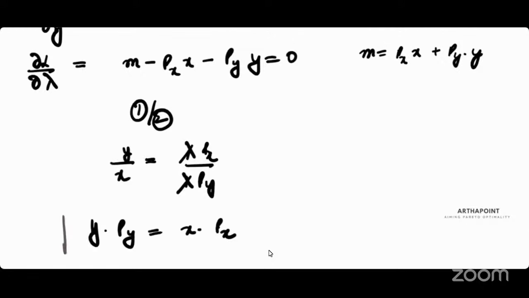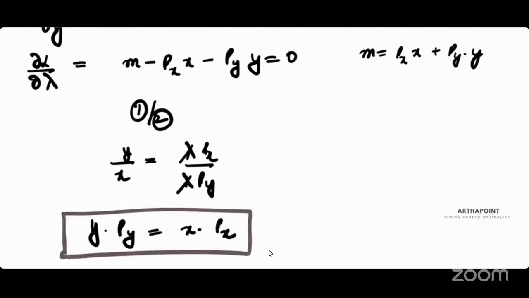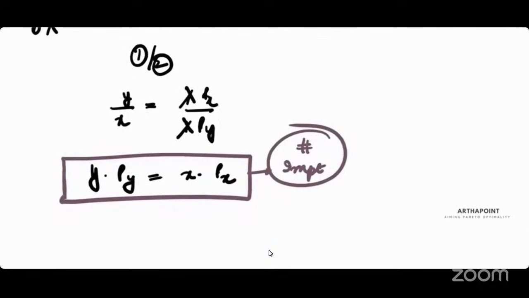This equation is of utmost importance. Very important. What do you think this equation suggests? Y Py is equal to X Px. What can this equation mean?